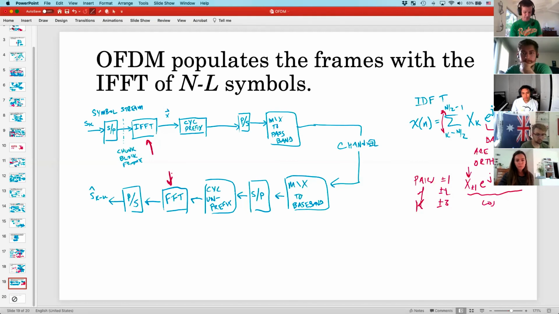But if you think about it in terms of, I need these to be time signals, because I actually have to do time domain things to them, I have to send them in real time, then it makes sense that if I want time on the right, I need not time on the left. So there's no reason to not assume that these SKs are DFT samples of some signal. What signal? This signal.